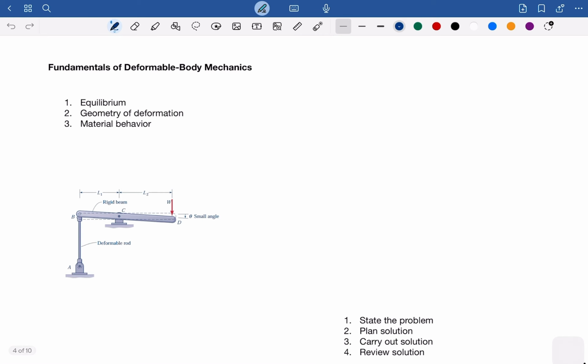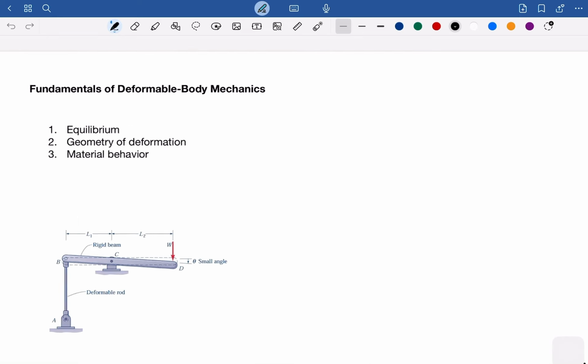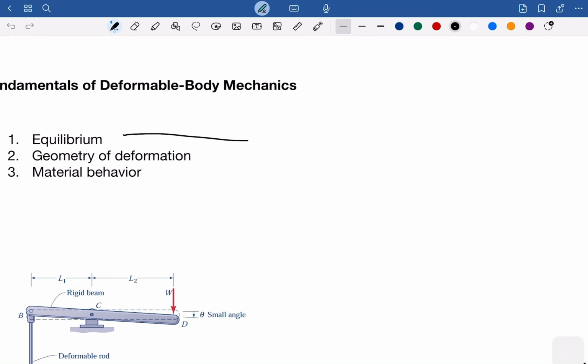So we are going to start with the equilibrium, which means that we are going to start with some equations: the sum of F equals 0, and then the sum of moment at the origin or at some point.